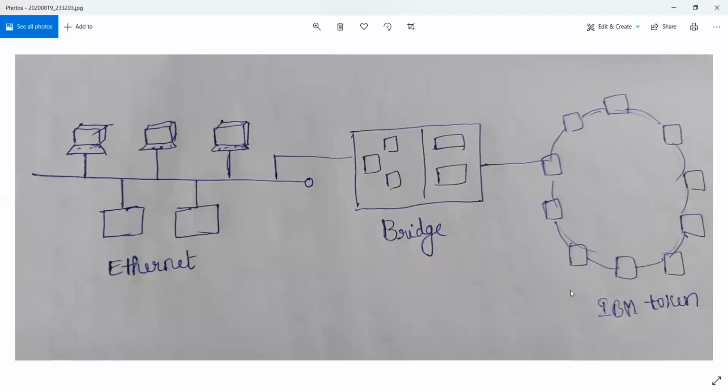This bridge connects the machines in one building with the machines in another building in the same institution. The machines in one building may be connected in bus topology, and the machines in the other building in ring topology. Whatever topology we use, the bridge connects the two different types of topologies in the same institution.